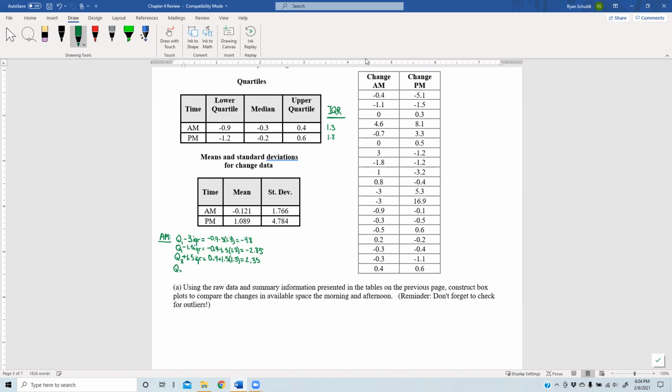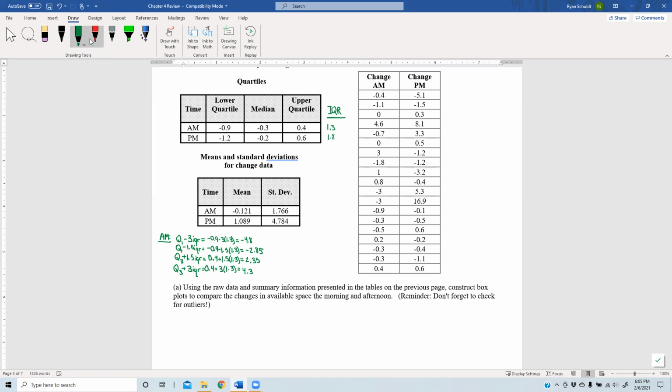And then Q3 plus 3 IQR. It's going to be 0.4 plus 3 times 1.3. That's going to give us 4.3.